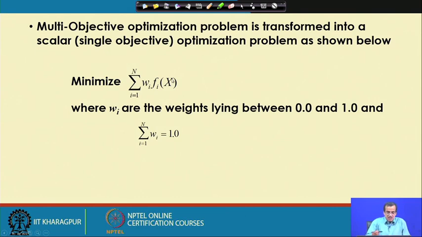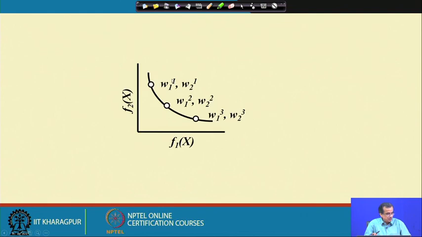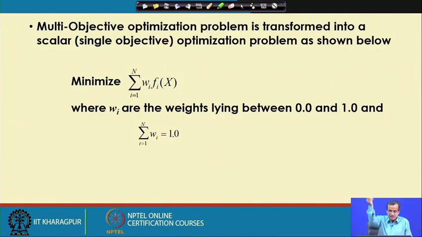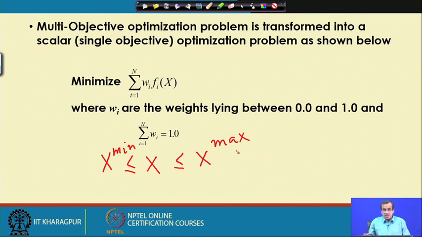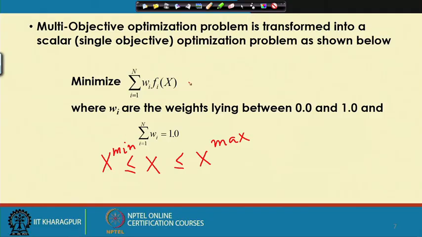And of course, the design variables will have some range. That means this particular design variable, x, should be greater than or equal to x minimum, and less than or equal to x maximum. So, this is nothing but a constrained optimization problem. For example, this is the objective function, this is the functional constraint and this is the variable bound. So, this is nothing but a constrained optimization problem.